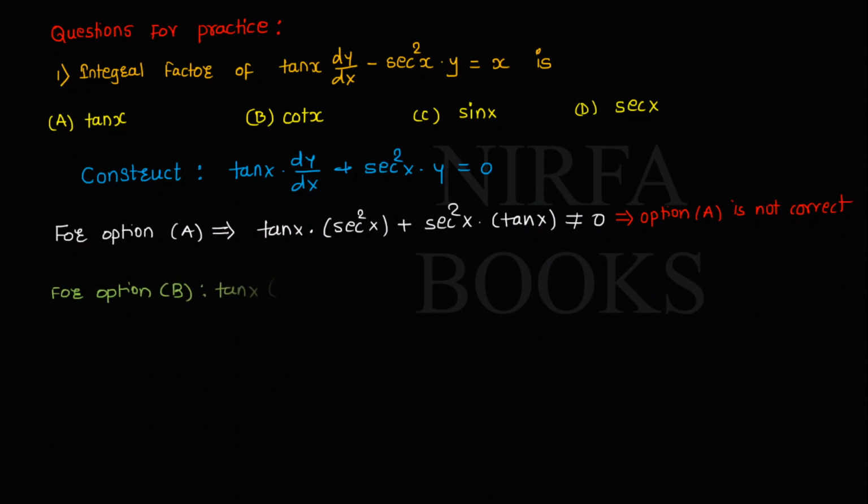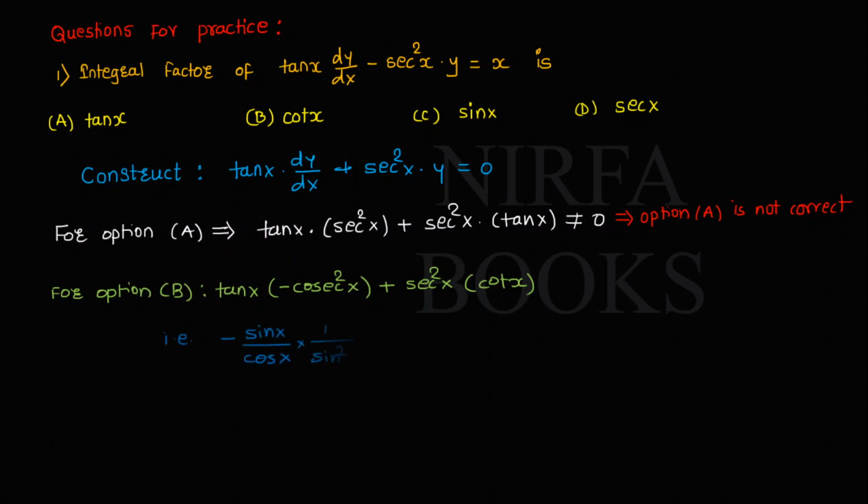So for option B, that means cot x. So tan x keeping as it is, the derivative of y, meaning derivative of cot x, is minus cosec square x, plus sec square x as it is, and y is nothing but cot x. So whether it will be 0 or not, for that purpose I have to simplify this trigonometrical expression.